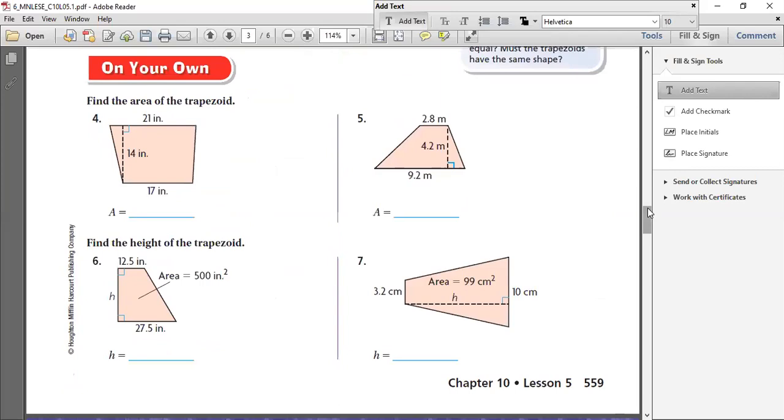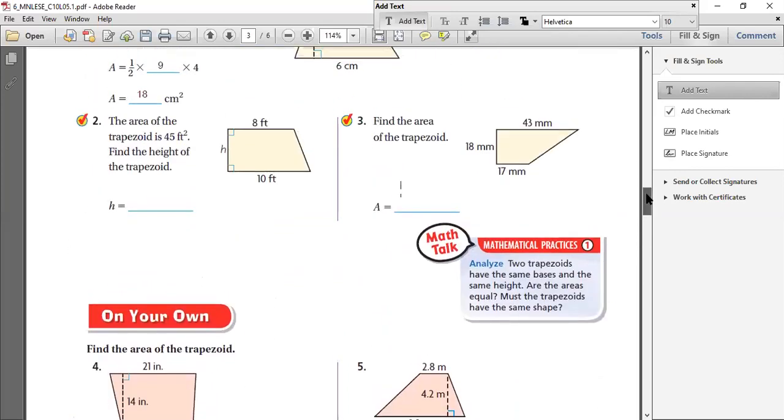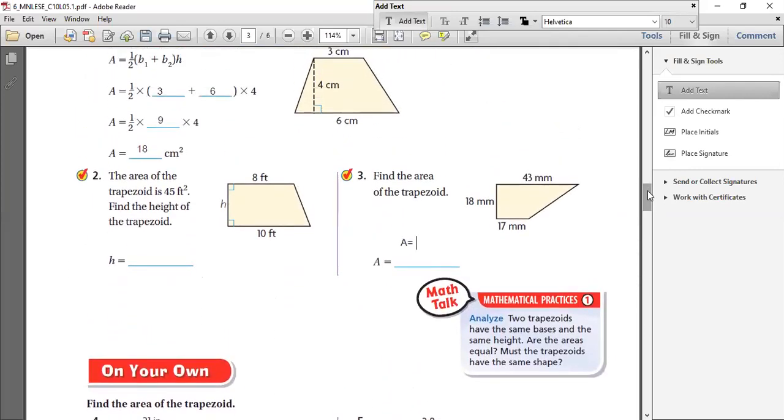Okay, let's move on to question number 3. So how are you going to do that? Always write the formula first. Area is equal to half, inside the parenthesis b1 plus b2, close the parenthesis, multiplied by h. Let's put the numbers in place.